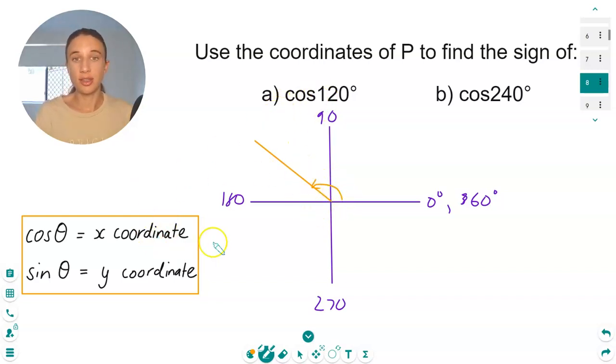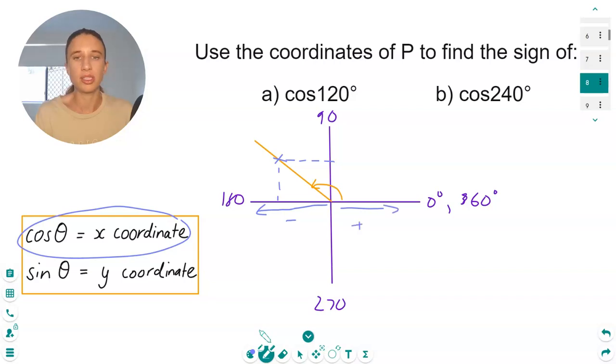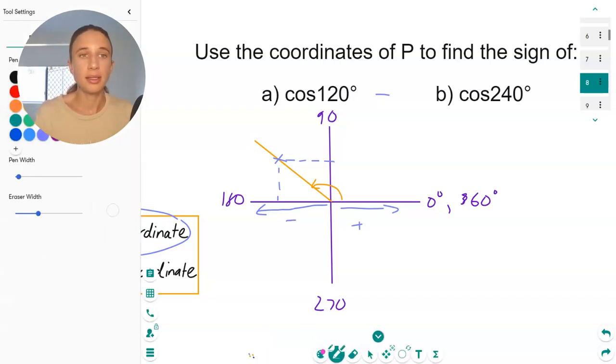Now, this is a bit different to the last question. We've got cos theta is the x coordinate. So if you mark in a point here, is that going to have a positive or a negative x value? It's going to be a negative x value, right? Because these are the negative values, these are the positive. So we know that the x coordinate is cos, so it's going to be a negative value for cos 120. I hope that makes sense.